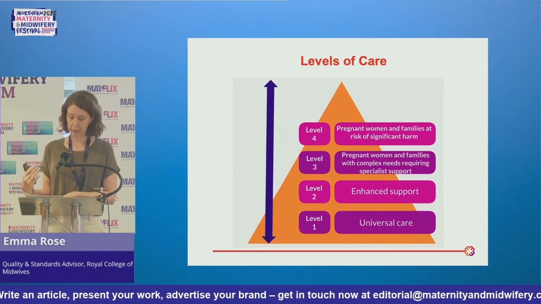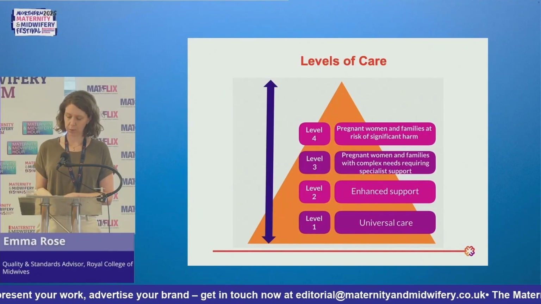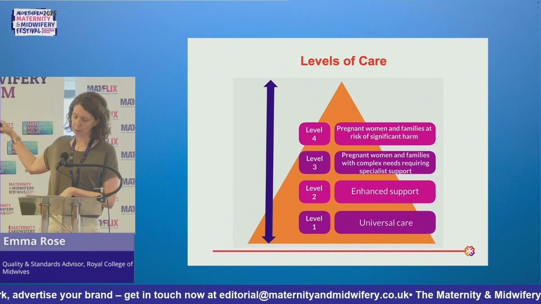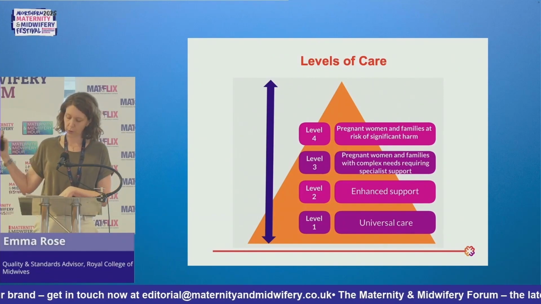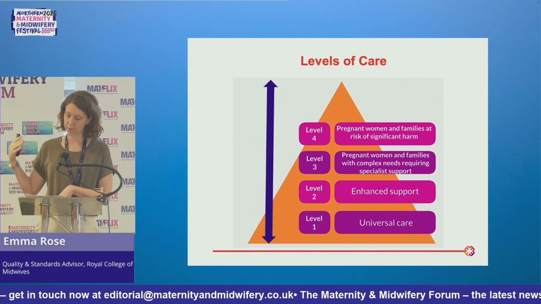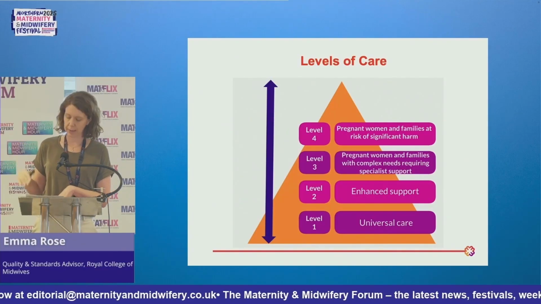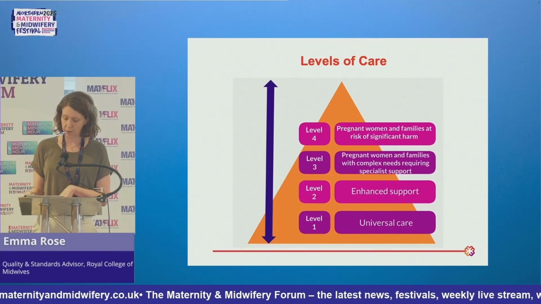Or there might be family trauma, and a more personalised care plan is needed around appointments and hospital-based care. Then we've got level 3, and this is where you might be meeting a threshold for section 17, so child in need, and level 4 where you might be meeting a section 47 for child protection needs. But for level 3, it doesn't necessarily mean that everything within level 3 would require referrals to social care.